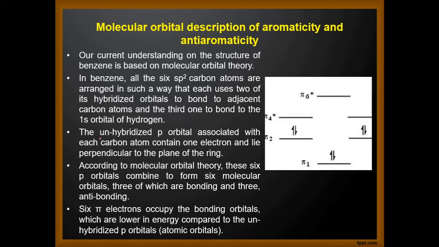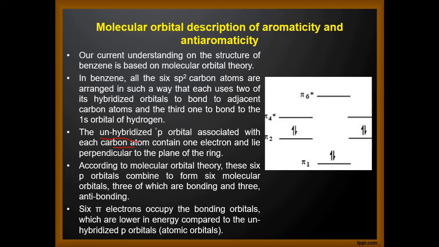The unhybridized p orbital associated with each carbon atom contains 1 electron and lies perpendicular to the plane of the ring. According to MO theory, these 6 p orbitals combine to form 6 molecular orbitals, 3 of which are bonding and 3 are anti-bonding.